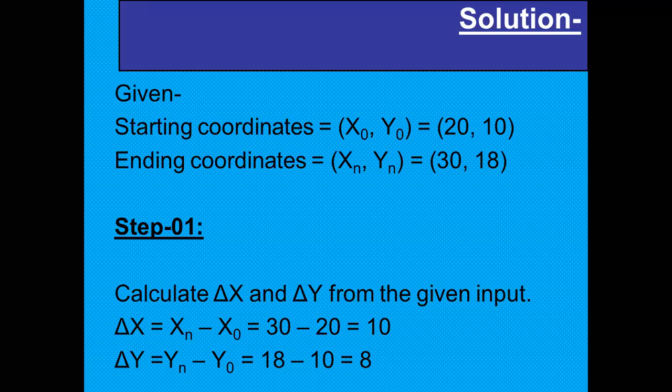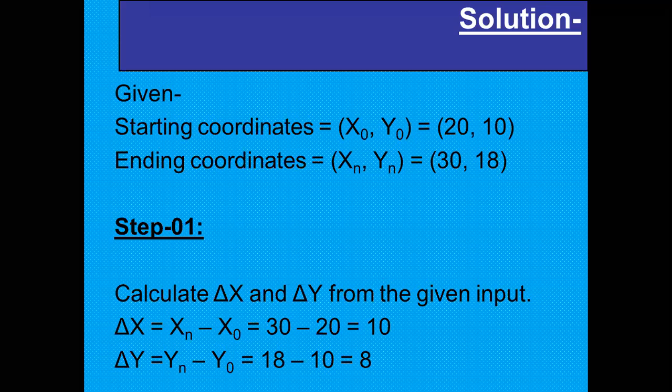So there is no role of the final points whenever we calculate the next point, that is, we will start from the initial point, then the first point, second point, and so on. But whenever we calculate delta x and delta y, there is a need to use the final points.